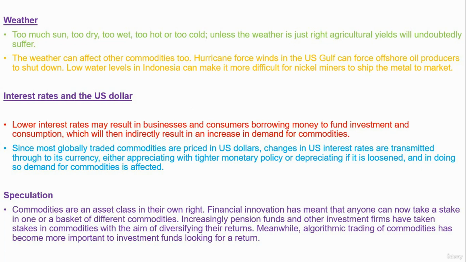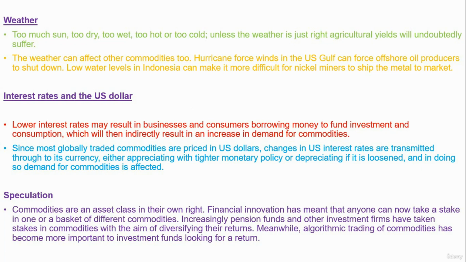The next is interest rate and US dollar. Interest rate and US dollar also impact commodities. Low interest rates may result in businesses and consumers borrowing money to fund investment and consumption. This indirectly results in an increase in demand for commodities, and some commodities are traded in US dollars.